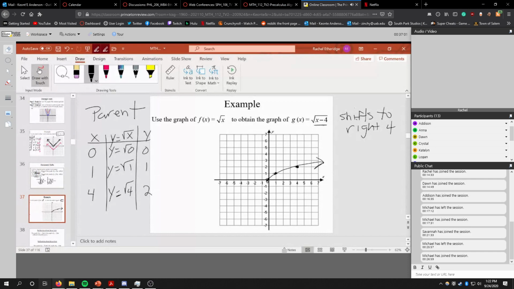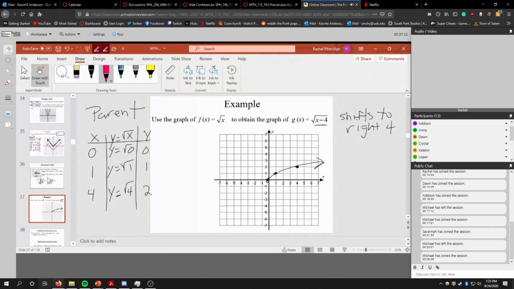It's the opposite direction because it's trapped inside of that function, inside of that square root with x. It could be trapped inside of an absolute value, or inside of a parenthesis, but here it's a square root and it's trapped. So that shifts 4 to the right.